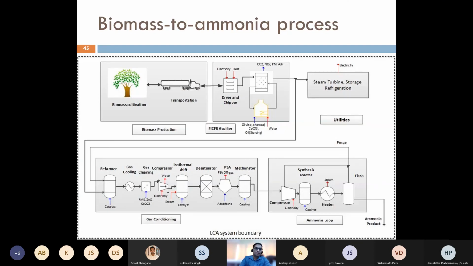It was basically cultivation of biomass, transportation, then we gasify the biomass and get a syngas which is rich in hydrogen and carbon monoxide. We have a series of chemical treatments and an ammonia loop, and finally we get the ammonia product. I won't go into the process details as of now.